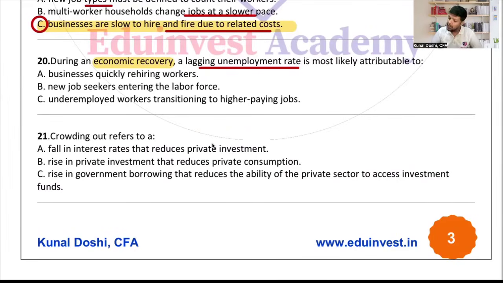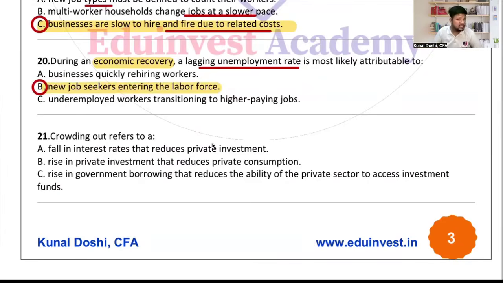So, during economic recovery, a lagging unemployment rate is most likely attributable to, everyone, A, B, C. The answer, yes, yes, yes, is B. New job seekers enter the labor force. And because they enter the labor force, what happens?